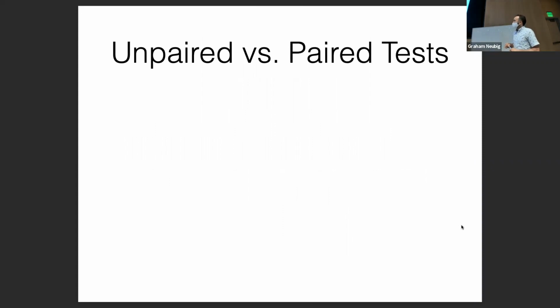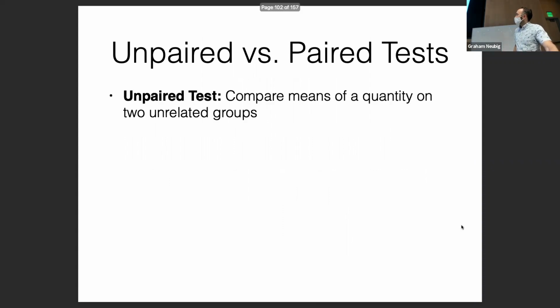Another important concept to know about is unpaired versus paired tests. This is something that I think not necessarily everybody would know. And basically an unpaired test could be something like a standard t-test. What this does is compare means of a quantity on two unrelated groups.